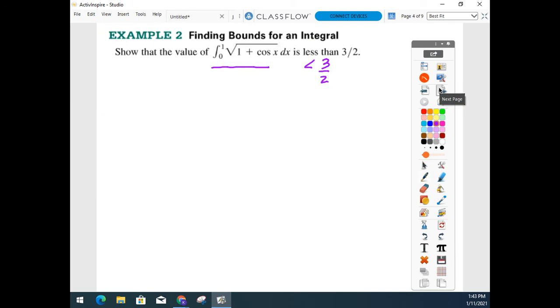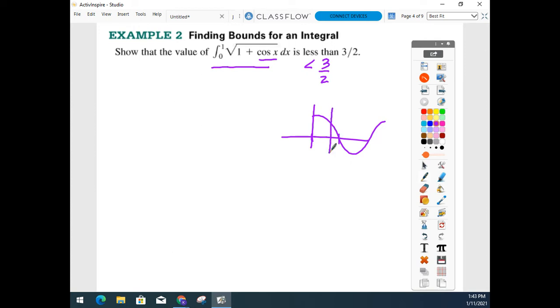So let's consider cosine from 0. Now this is pi over 2, so 3. So this is like 1.1.5-ish.